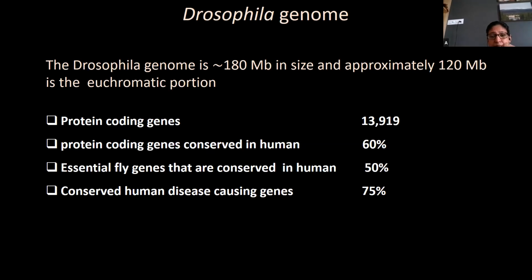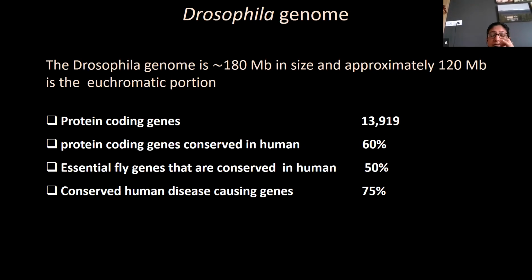And out of these 60%, 50% are actually essential for survival, meaning loss of function of these genes leads to lethality in Drosophila, which means they must ideally be essential in human as well. So we'll see that. And about 75% of all human disease-causing genes are also conserved in Drosophila.